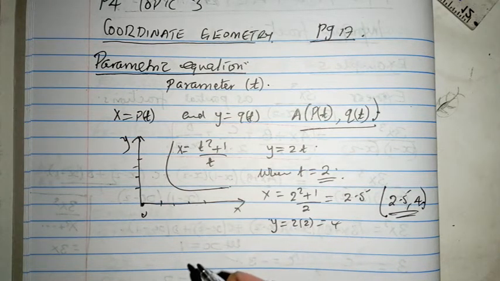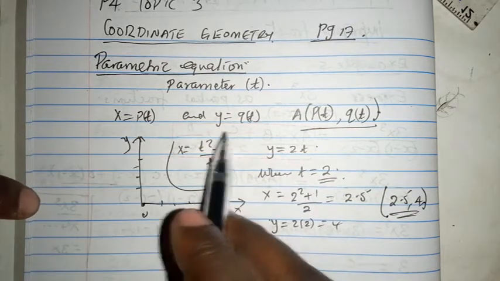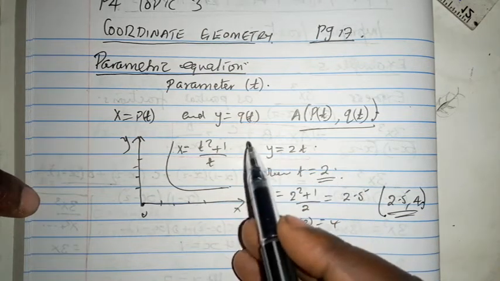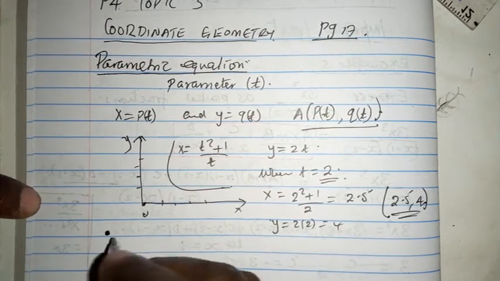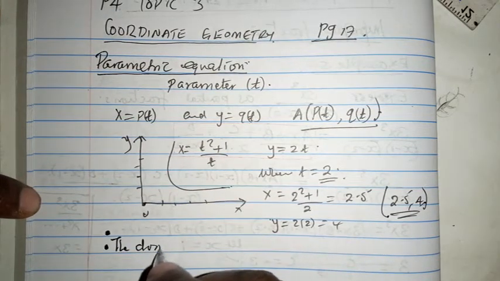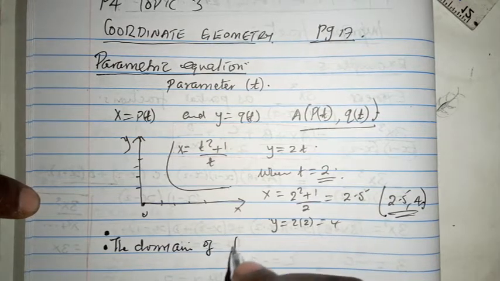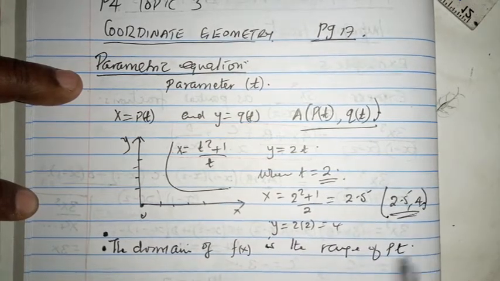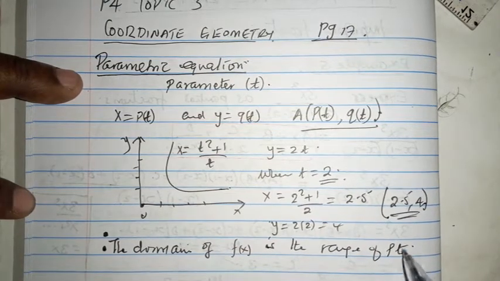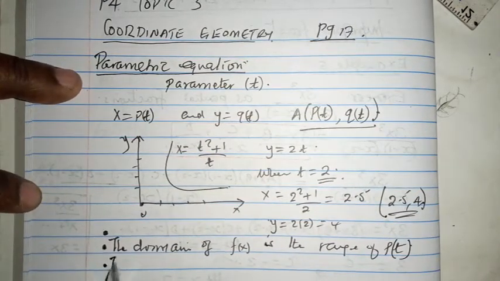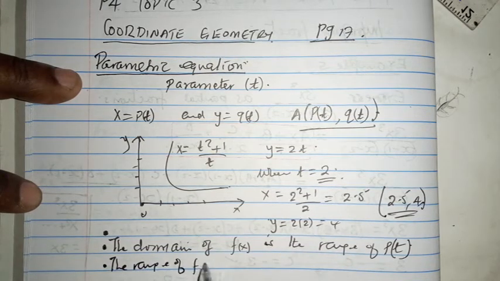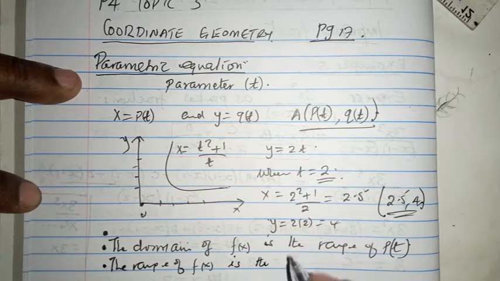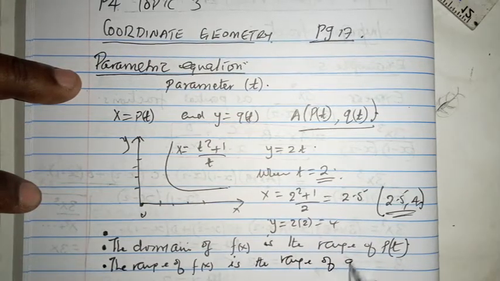I want us to know that for parametric equations, x is equal to p(t) and y is equal to q(t), with Cartesian equation y is equal to f(x), it is important to note that the domain of f(x) is the range of p(t), and the range of f(x) is the range of q(t).